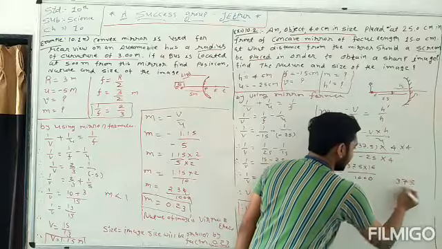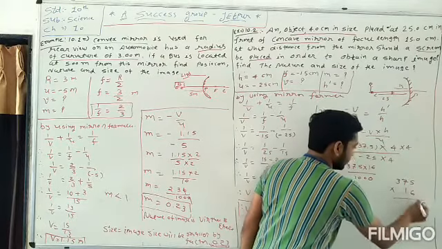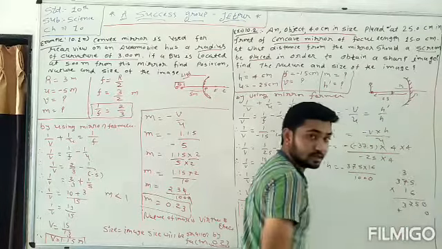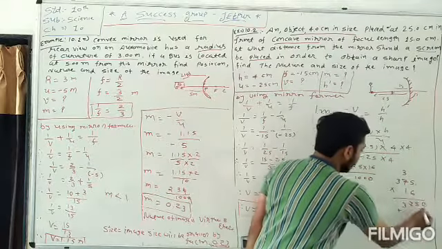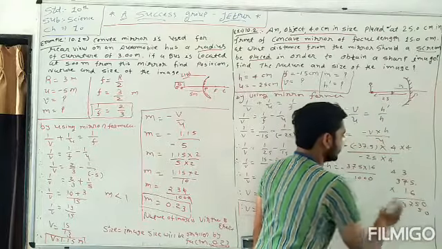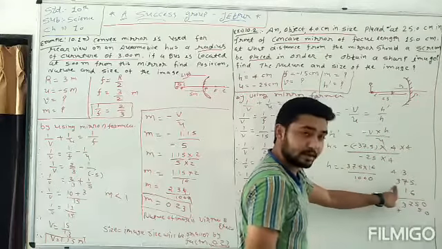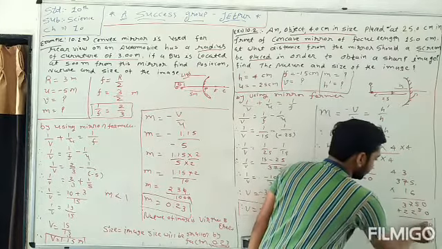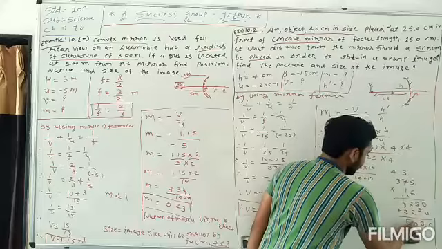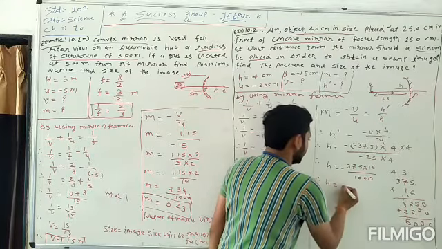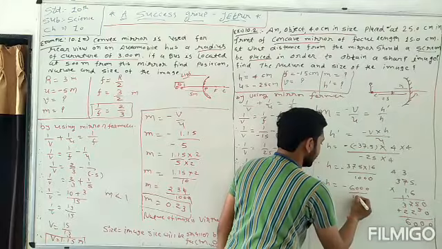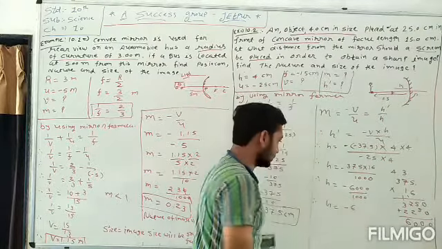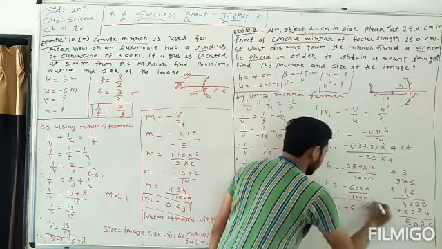So 375 into 16 gives 6000. So h dash is equal to minus 6000 divided by 1000. So h dash is equal to minus 6, that is minus 6 centimeters.